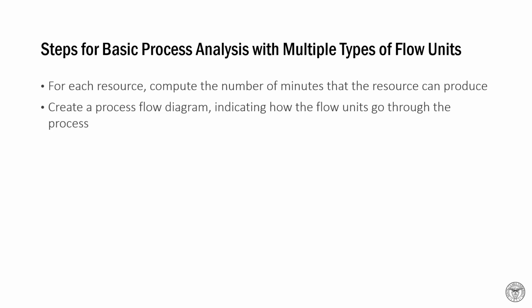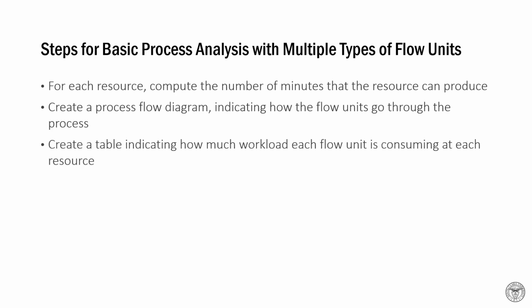Next, create a process flow diagram that illustrates the movement of flow units throughout the process. Then, construct a table that specifies the workloads consumed by each flow unit at each resource. Sum up the workload for each resource across all flow units.